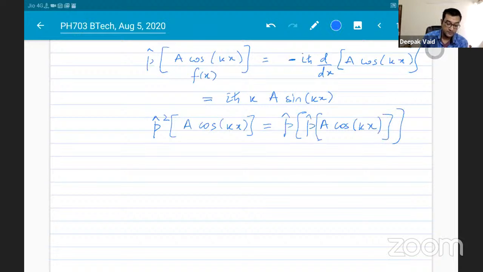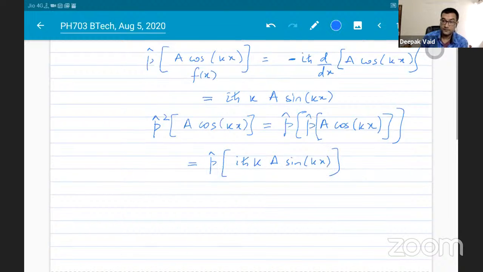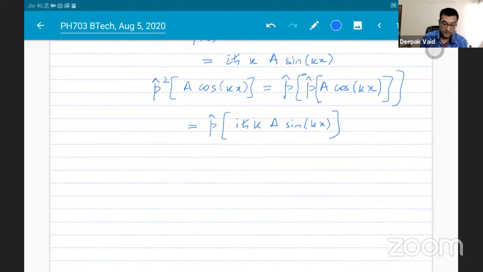So that becomes p square. What will I get? This will be p acting on i h bar k A times sine kx. Now again, this is just the derivative, so I'll get k cosine kx.